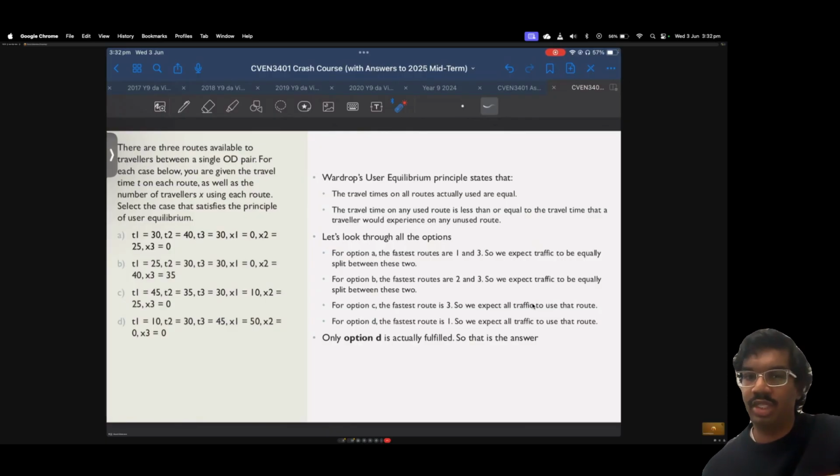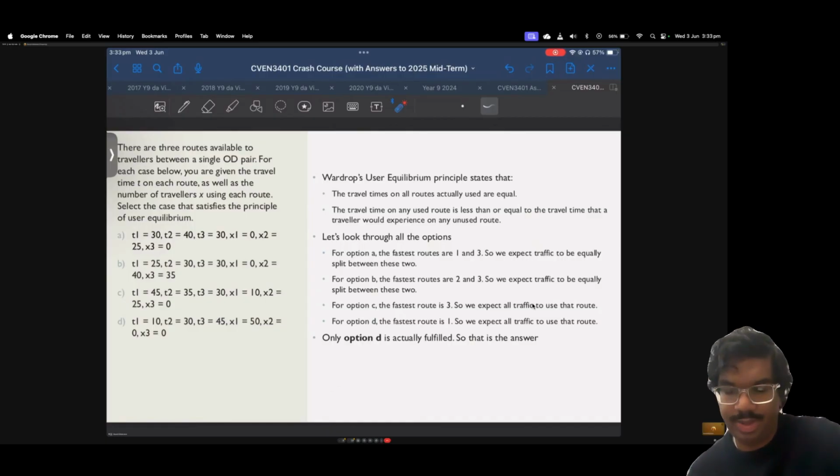So it's obviously not B. In option C, route 1 takes 45 minutes, route 2 takes 35 minutes, route 3 takes 30 minutes, but only 10 people use route 1, only 25 people use route 2, no one uses route 3. But route 3 is the fastest. Why is no one using route 3? We don't know. So it's obviously not option C.